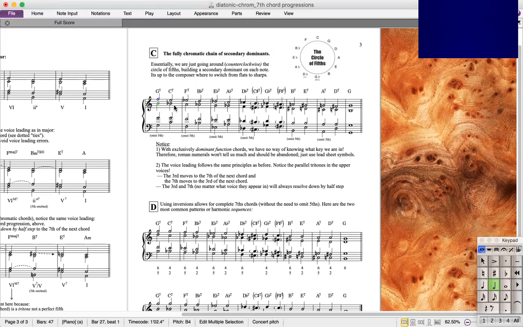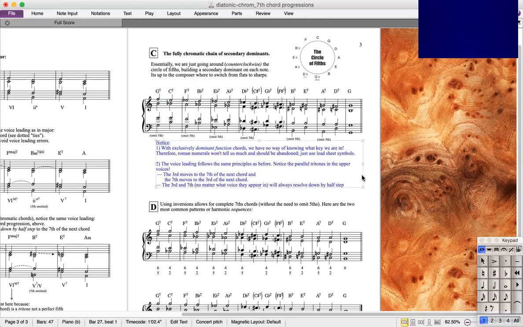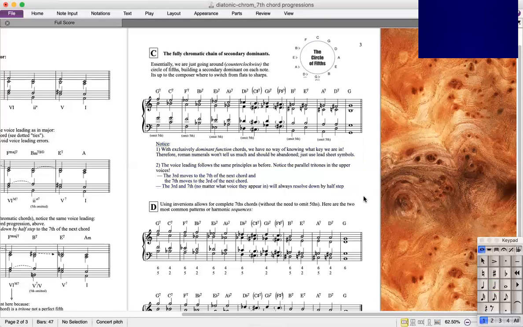It resolves down to B flat and E, down to A and E flat, right? Every single one of these on the top staff, the top 2 voices, is a tritone until I resolve it to a triad, right? And then you see that the tritone resolves the way that we expect once we break this chain, once we've gone all the way around. Awesome. And so that is the fully chromatic chain of secondary dominants.